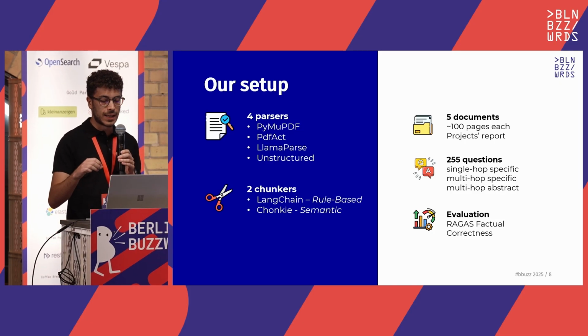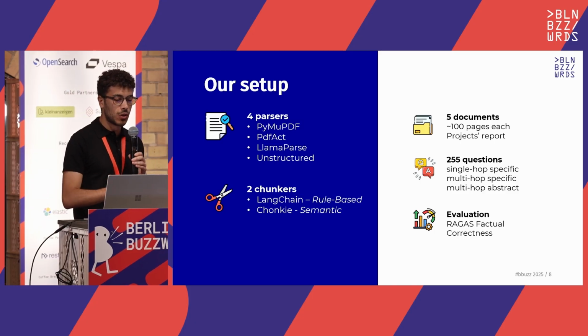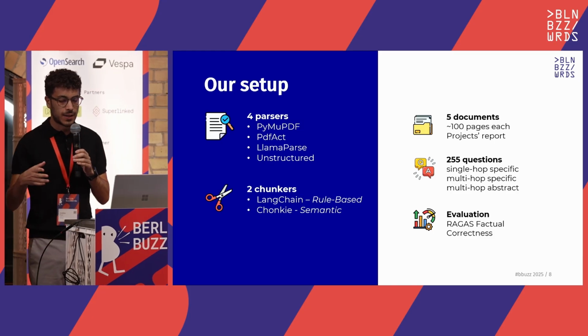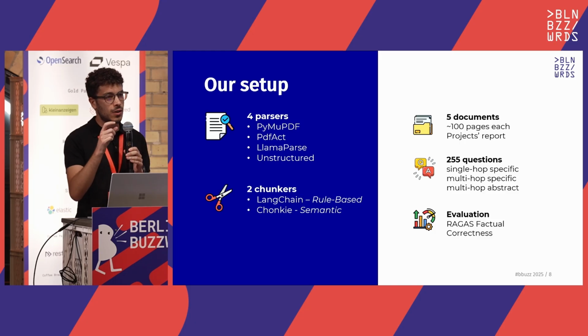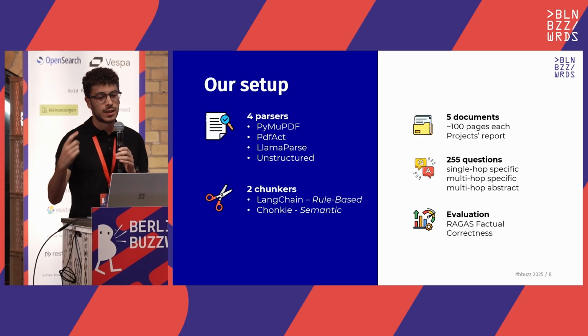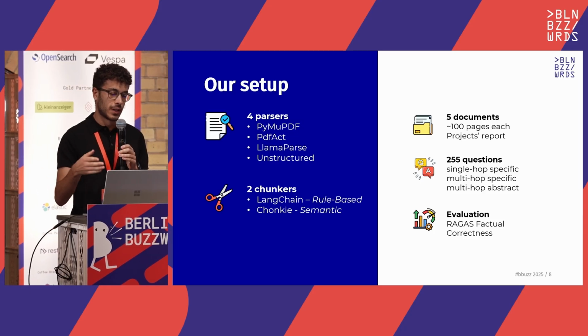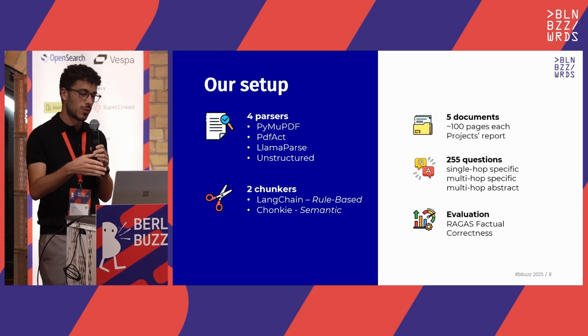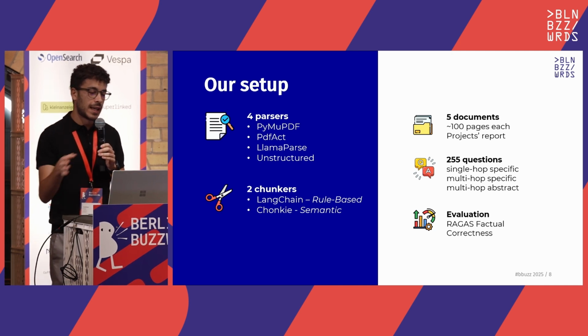The key here is that we generated 3 different kinds of questions. We have single-hop specific questions that are very narrow, very specific questions that require just one chunk to be answered. Then we generated multi-hop specific questions. Also in this case, we have very narrow questions, but they require combining multiple chunks to be answered.